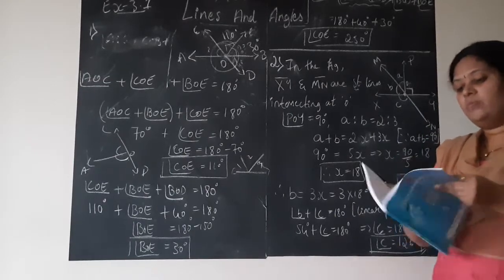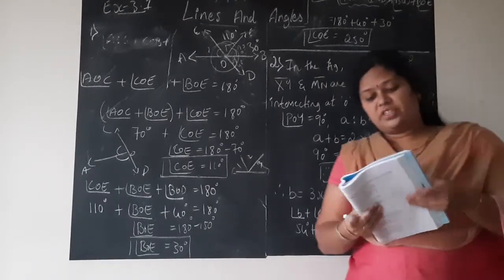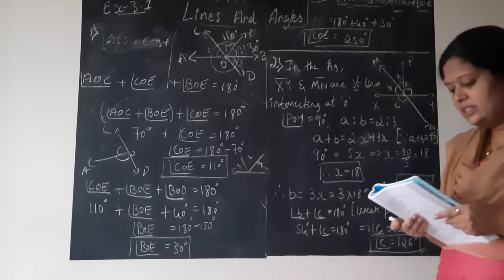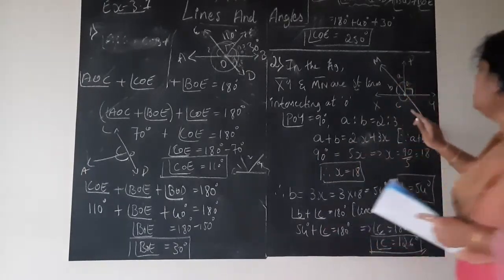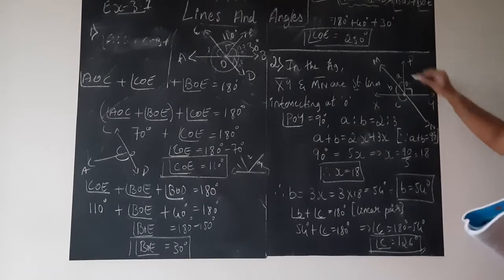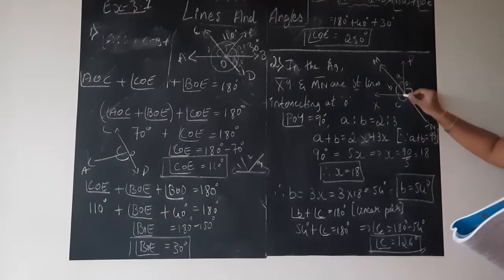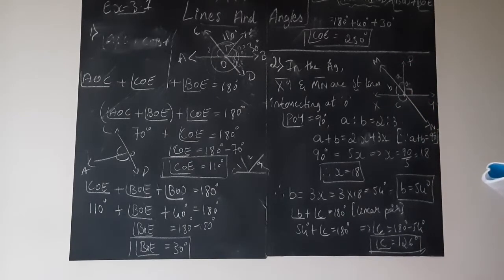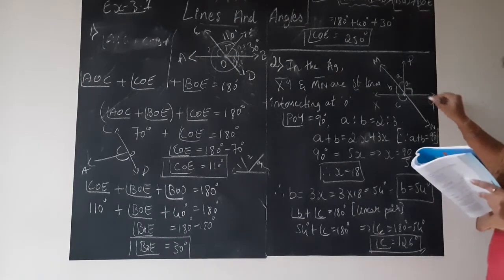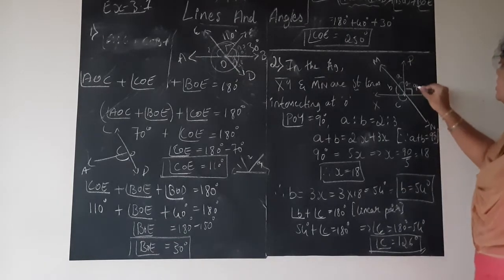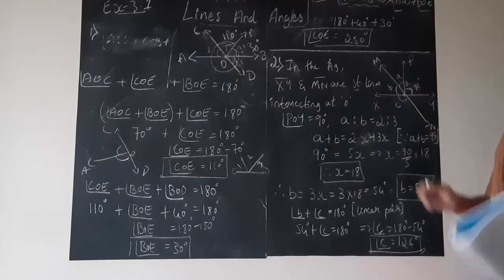In the second problem, the question is, in the figure, lines XY and MN intersect at O. So we have line XY and line MN intersecting at O. POY is equal to 90 degrees, which means this is a right angle.